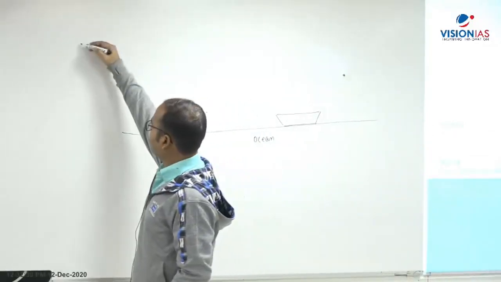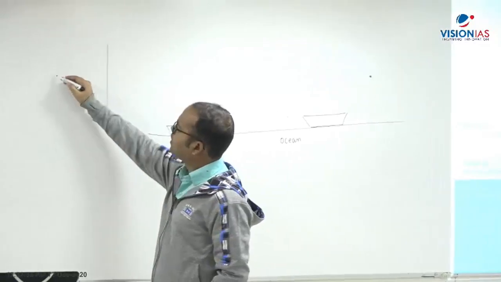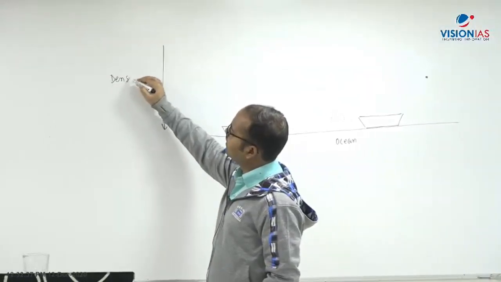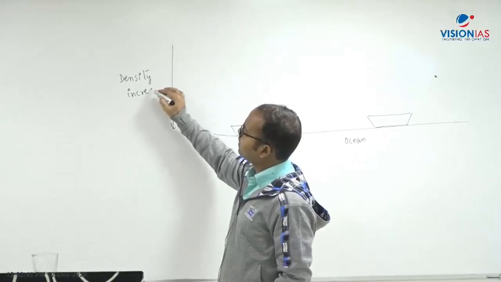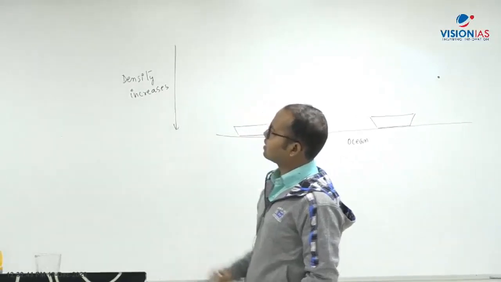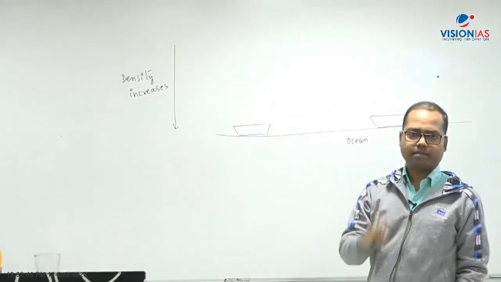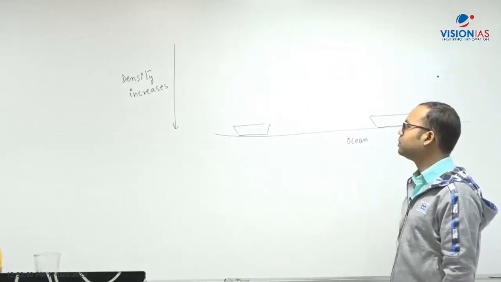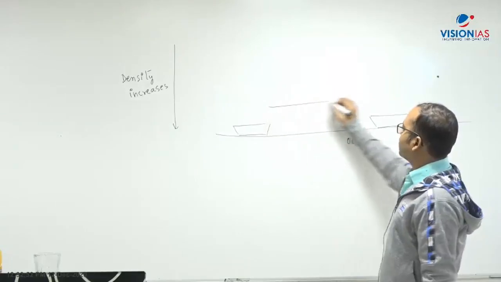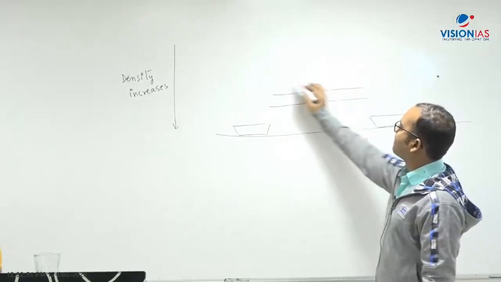If I consider the ocean, here density will increase in the downward direction. Why? Because in a cooler place, air is going to sit, so density will be more at the bottom. Suppose there are again multiple air pockets.